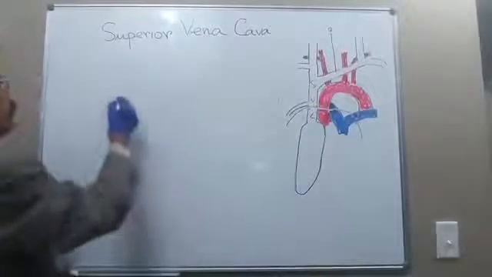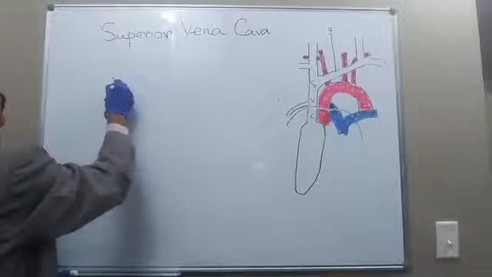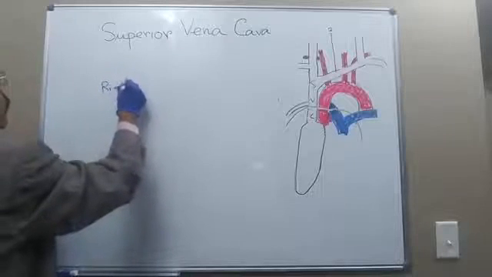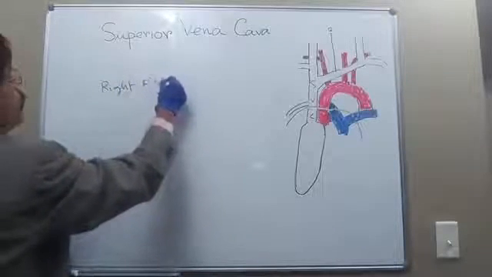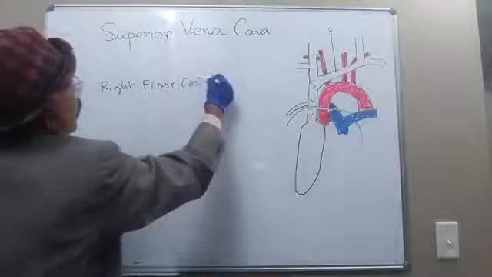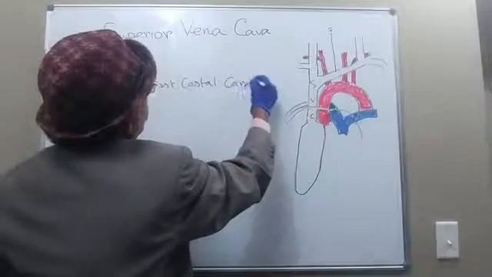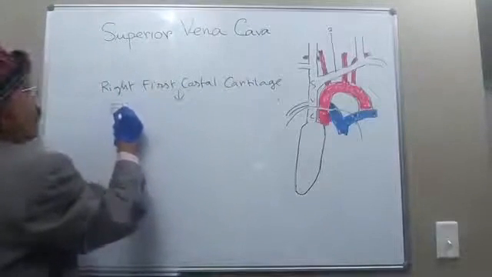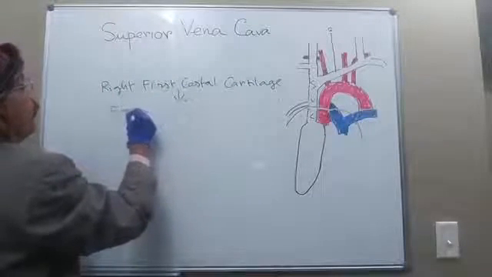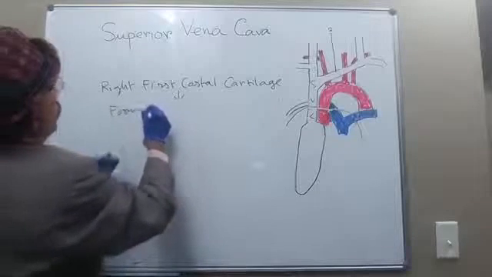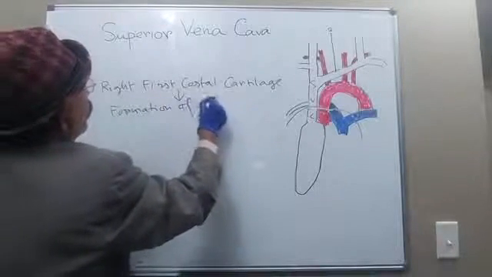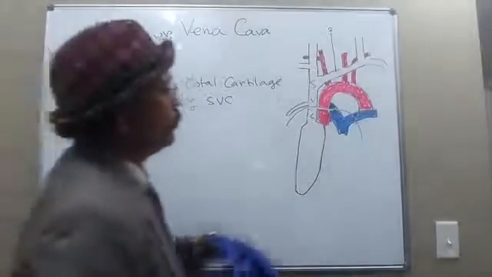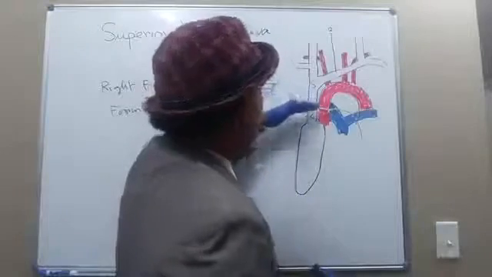The superior vena cava is formed at the level of the right first costal cartilage. This is the landmark for the formation of the superior vena cava. The SVC then enters the pericardial cavity.